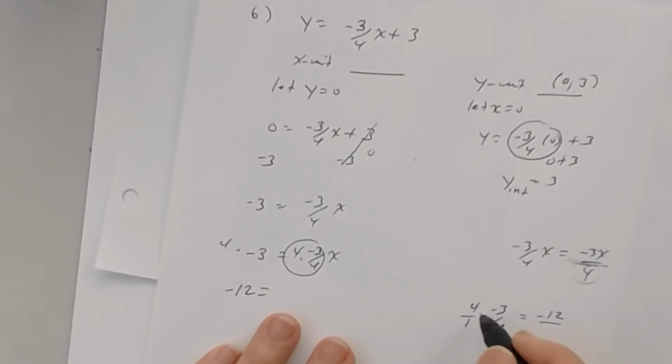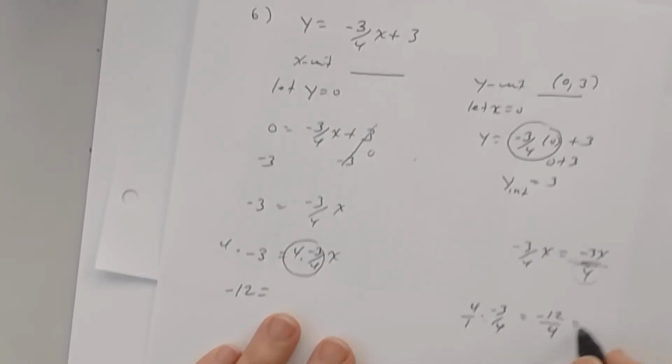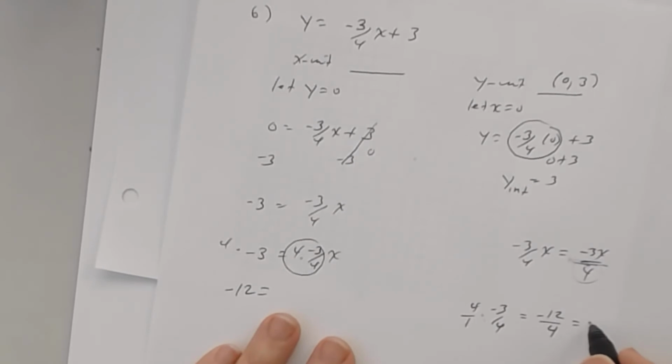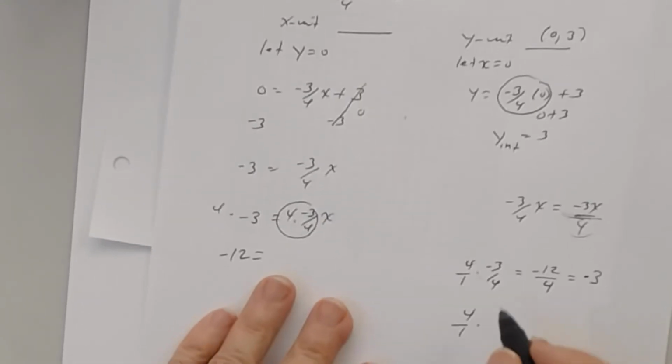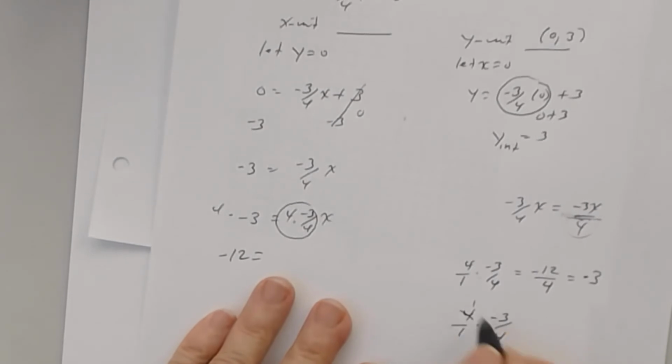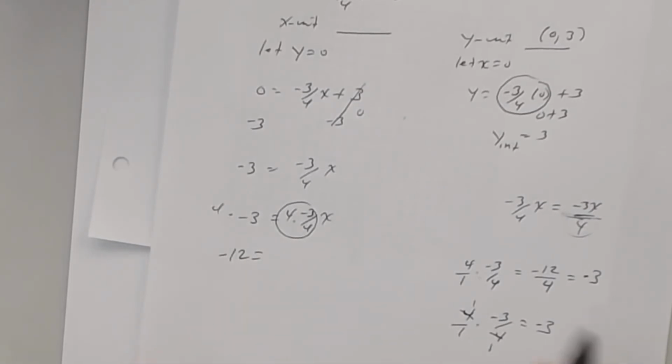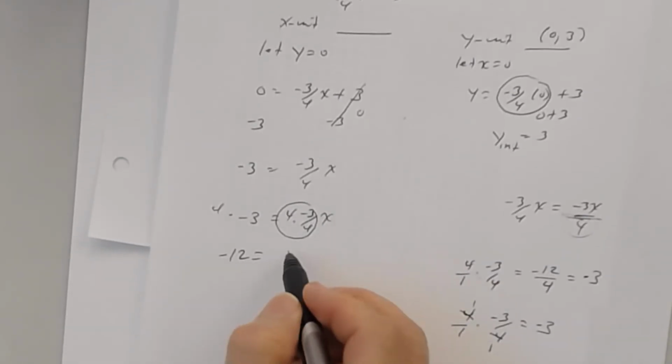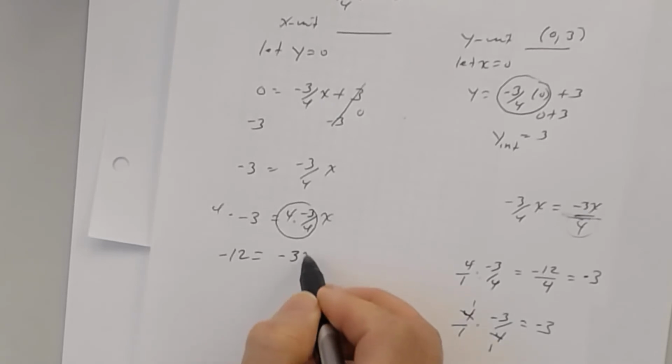And what's 1 times 4? 4. What does that become? Negative 3. You kind of knew it had to be negative 3, because if I multiply by 4, these reduce out, right? What's left? Negative 3. So 4 times negative 3/4 x is negative 3x.